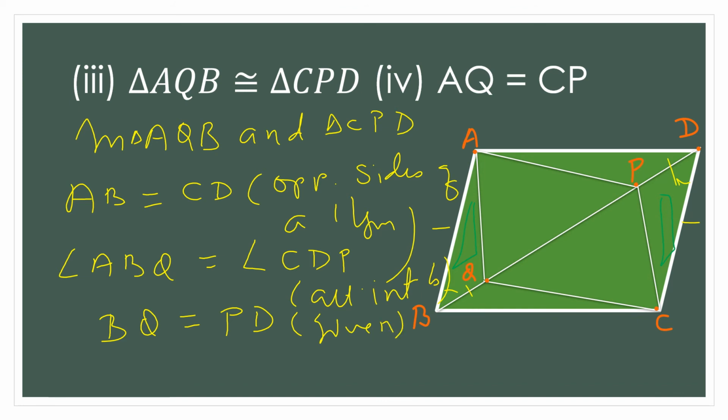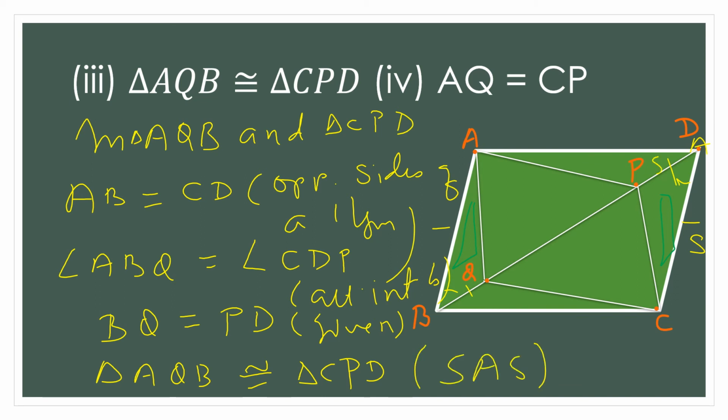So triangle AQB is congruent to triangle CPD. Name the congruence condition by which they are congruent. We have taken this side, we have marked this angle and this side again, so by SAS, and now you can write down AQ is equal to CP by CPCT.